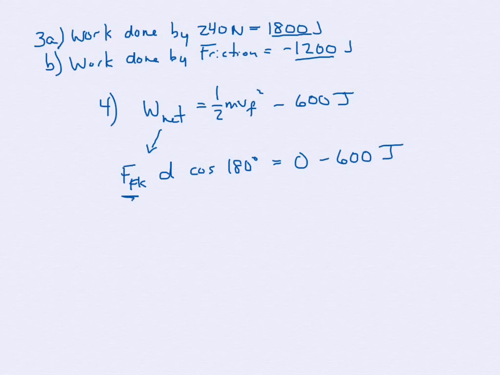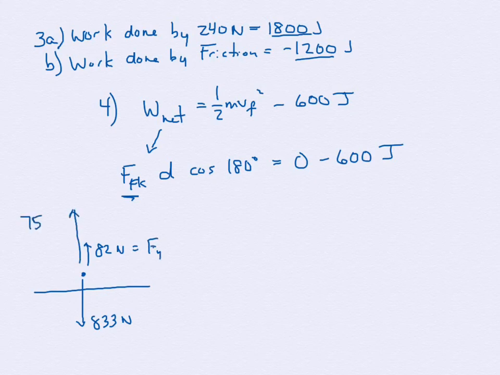Now when we calculated the 1200 joules of work, we were pulling with a rope. So if you remember, the original free body diagram for the refrigerator had 833 newtons of force going down, and then 82 newtons equal to the Y component of the rope, and 751 newtons for the normal force.